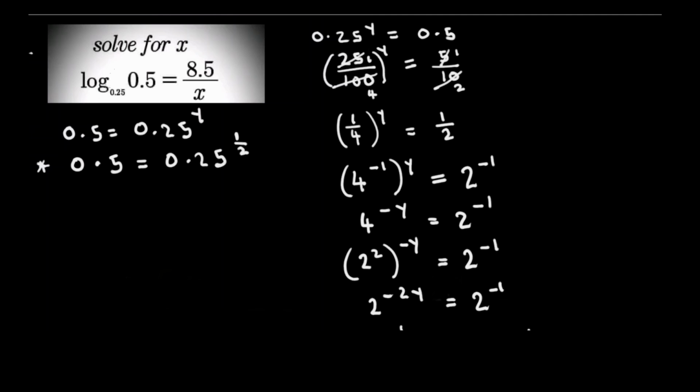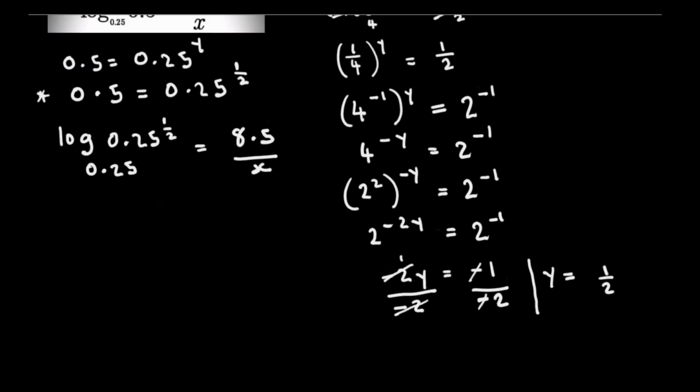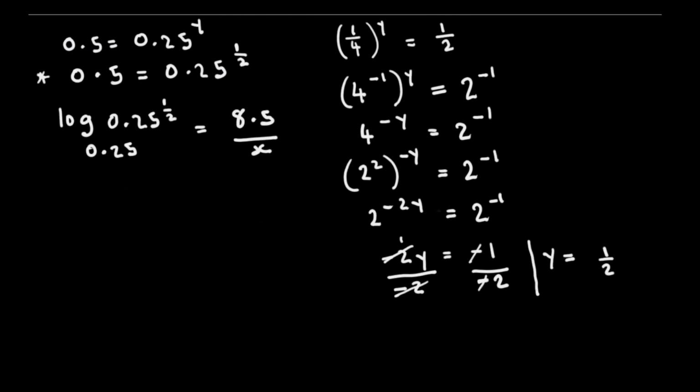So rewriting the question, instead of saying log 0.5 base 0.25 is equal to 8.5 over x, we are now going to say log, substituting 0.5, we put in 0.25 to the power half, base 0.25, is equal to 8.5 over x. Now we know the property of logarithms.